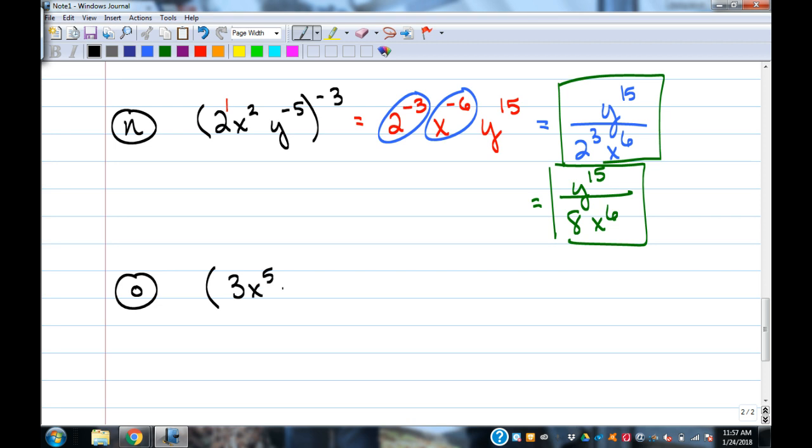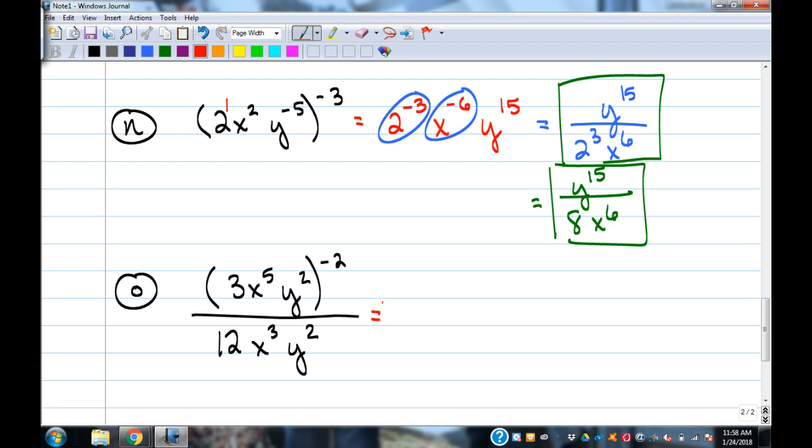3x to the 5th y squared to the negative 2 over 12 x to the 3rd y squared. What happens first? Distribute.